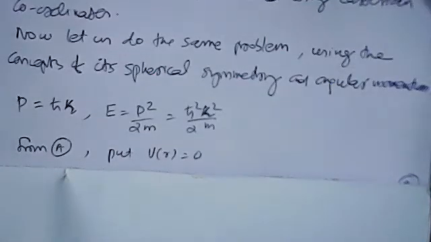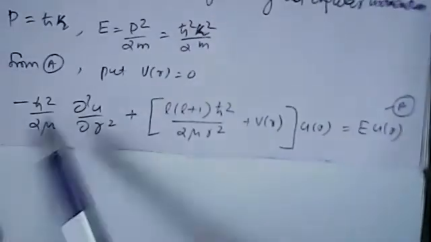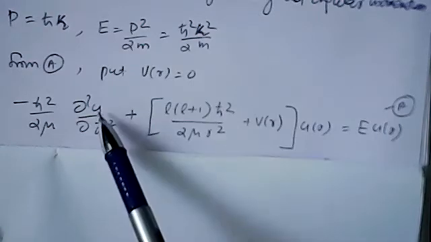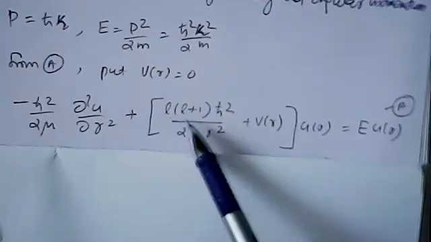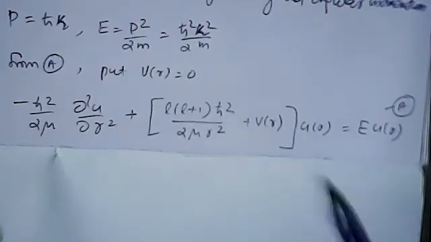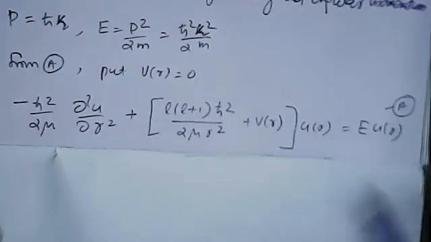Now we have an earlier equation which we called equation number A. Take that equation. This is equation number A: minus h cross square by 2 mu, dou square u by dou r square, plus L into L plus 1 h cross square by 2 mu r square plus V of r, all on u of r, equal to E into u of r.